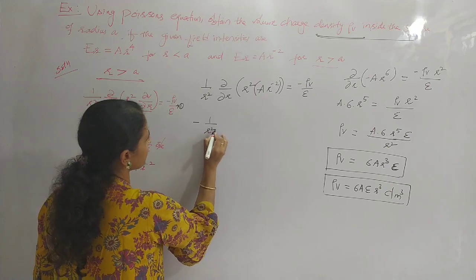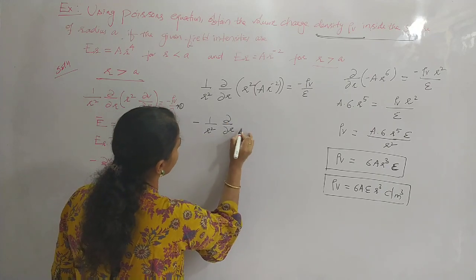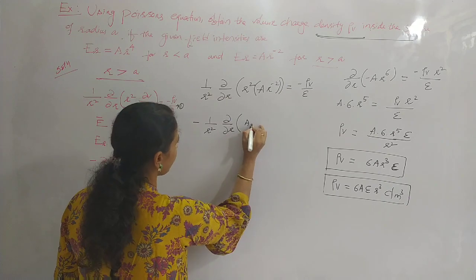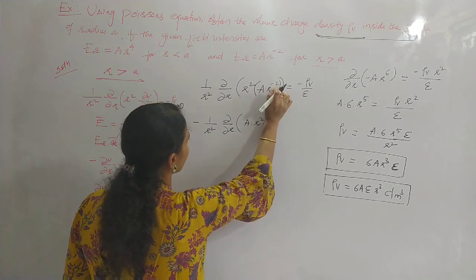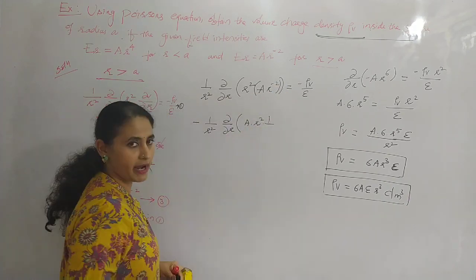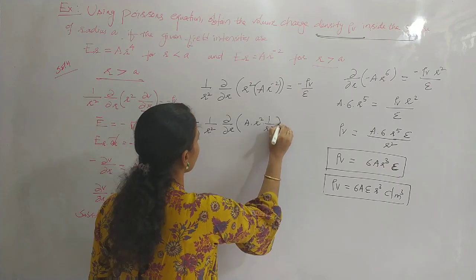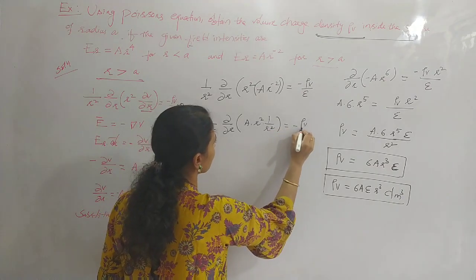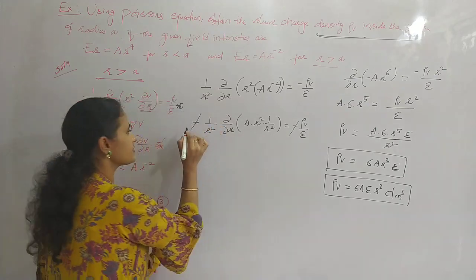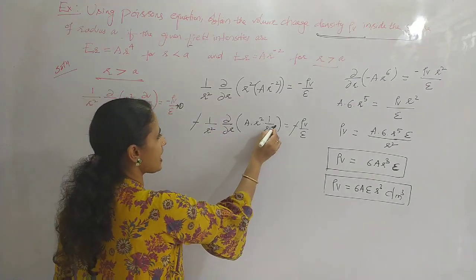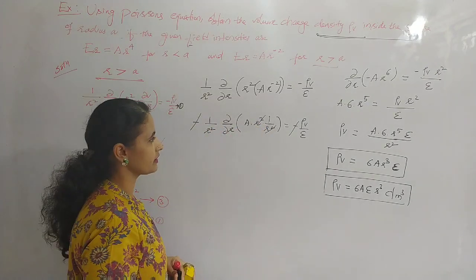1 by r square dou by dou r of, this is a as it is, this is r square, and r power minus 2 is nothing but 1 by r square, which is equal to minus rho v by epsilon. Minus minus cancelled, and this r square is also cancelled.